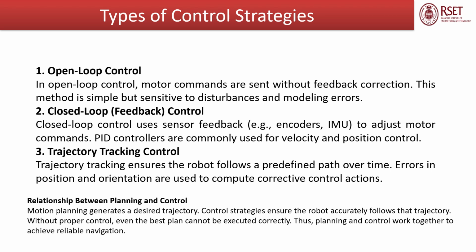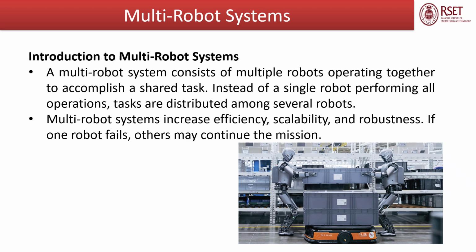Trajectory tracking control. This ensures the robot follows a time-varying trajectory. Errors in position and orientation are computed, and corrective actions are generated. This is more advanced and used in autonomous vehicles and high-precision robots. The relationship between planning and control. Planning and control must work together.